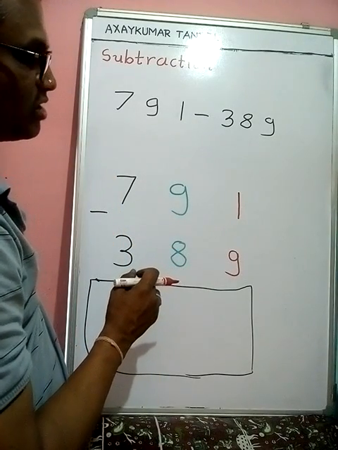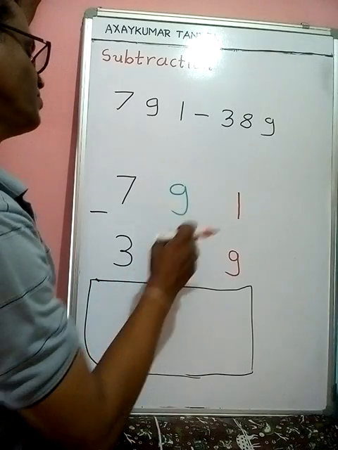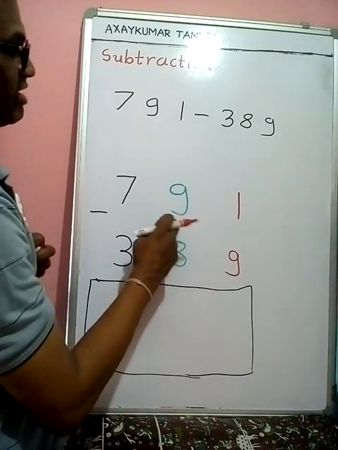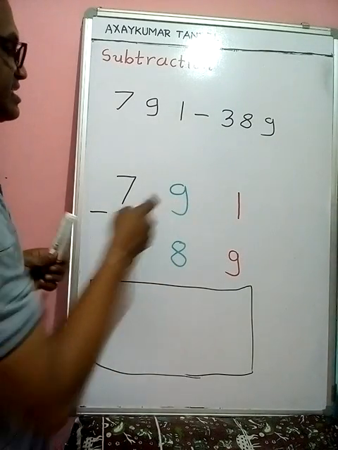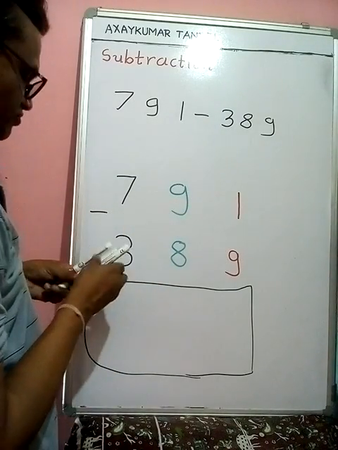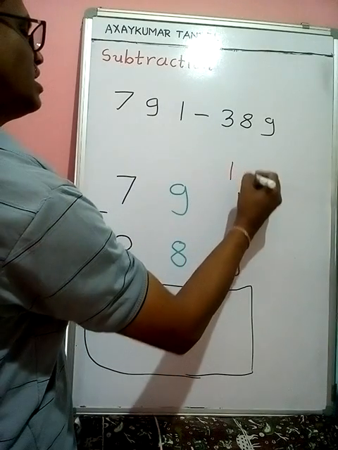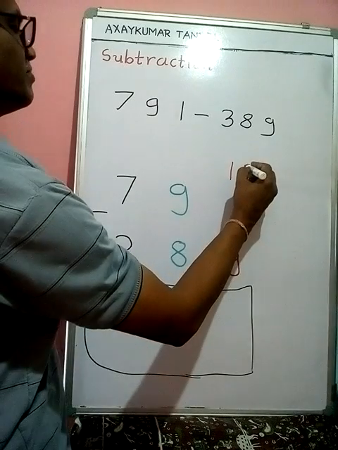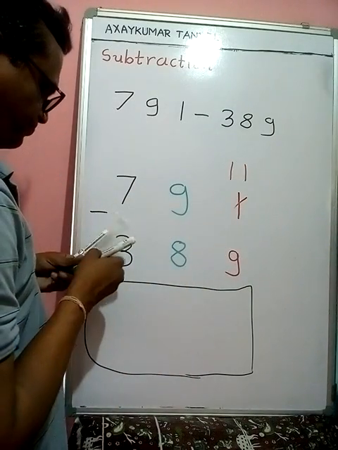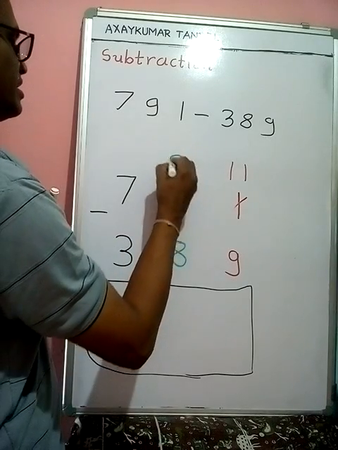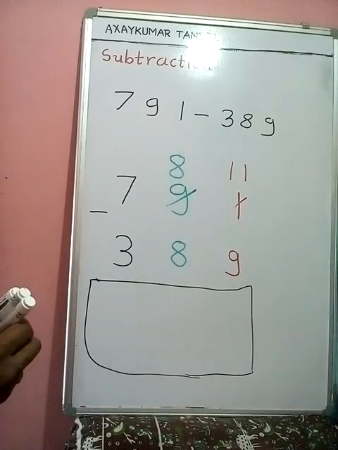Therefore, we will borrow 1 ten from 9s. Remember, 9 has 9 tens. He gives 1 ten to 1. Okay, so 10 plus 1 is making 11. Okay, and 9 becomes 8.